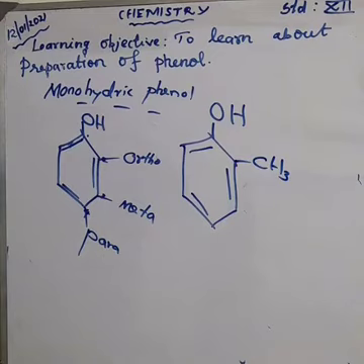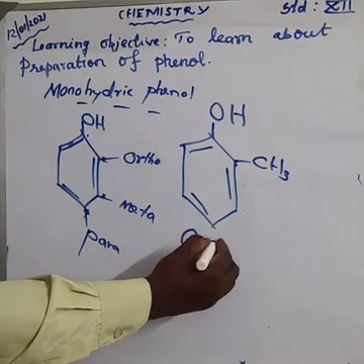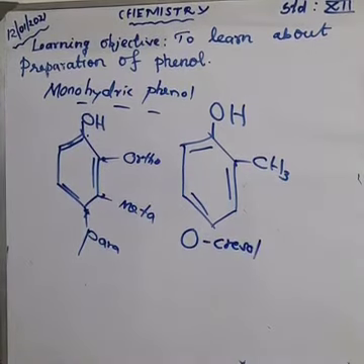So the name of the compound is orthocresol. This is the common name. Anyhow, for phenol, the common name is also phenol and the IUPAC name is also phenol. Both are the same name.